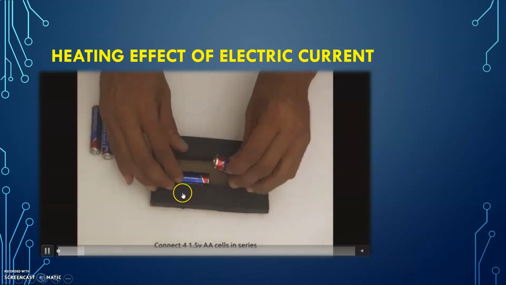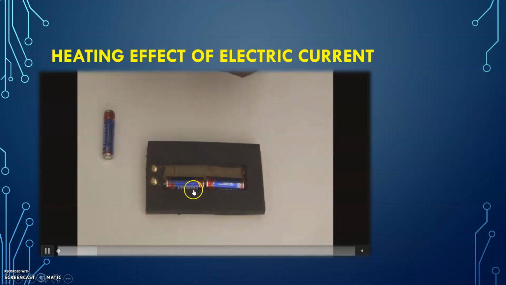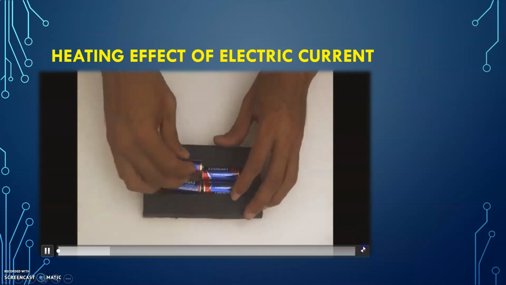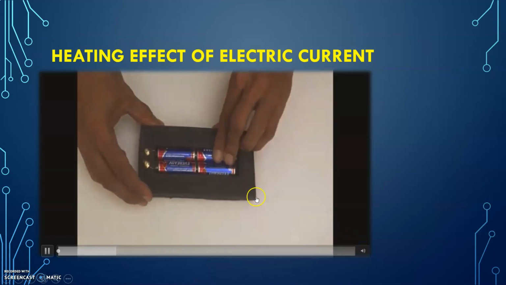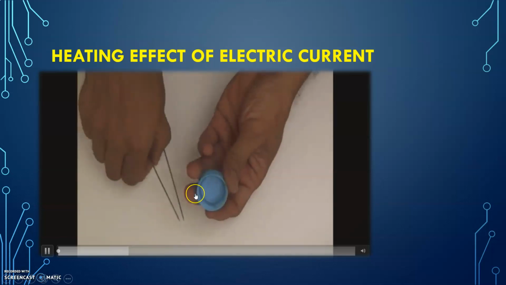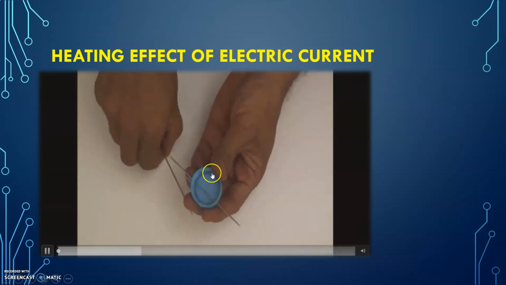First of all, connect four 1.5 volt AA size batteries to each other. Now attach two needles as sewing here.